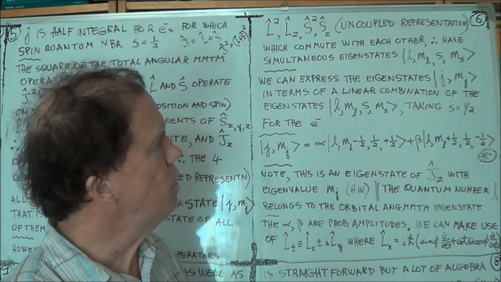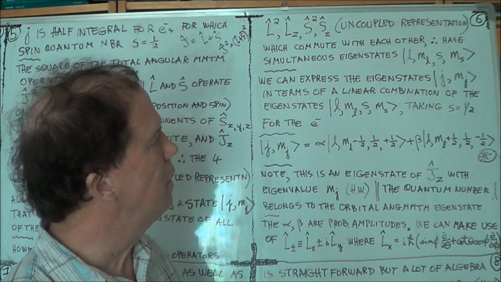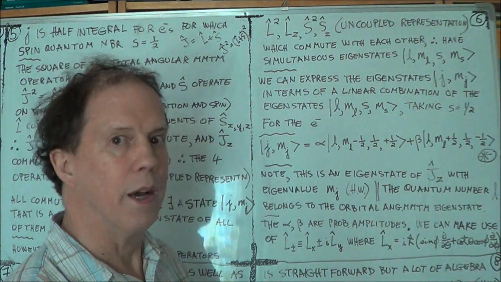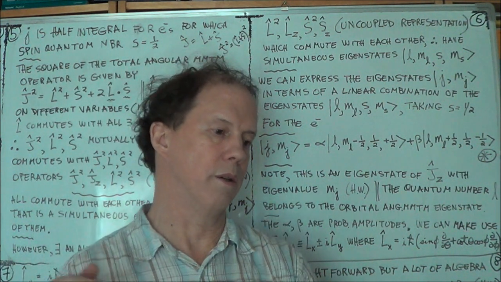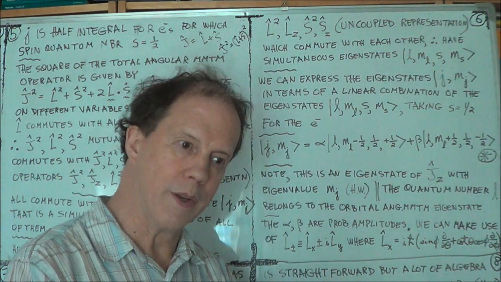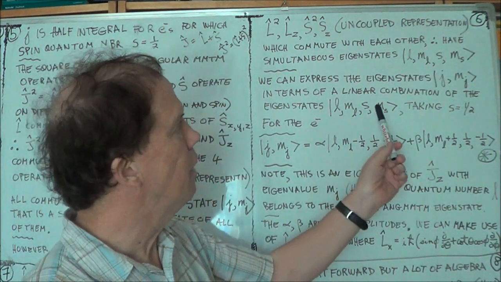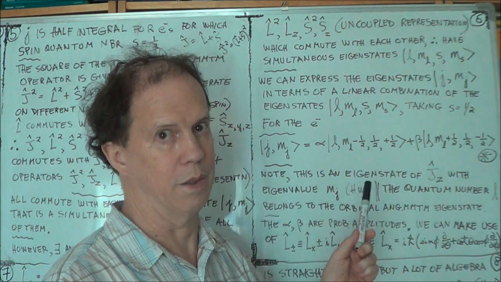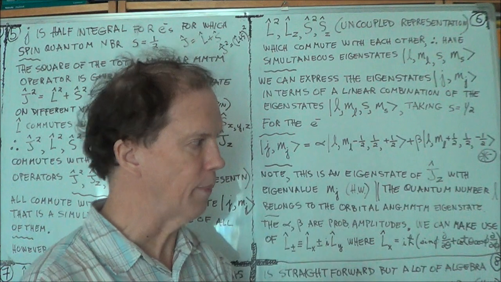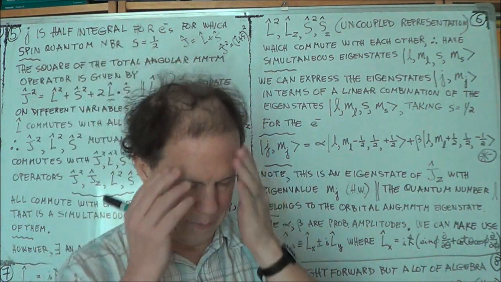So we should be able to take an eigenfunction from one representation and expand it using the basis of the eigenstates of the other representation. Hope you follow that. Let me backtrack a bit.